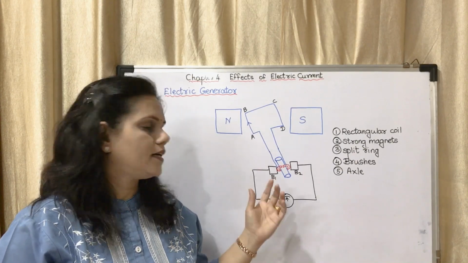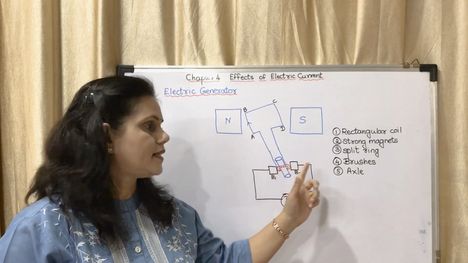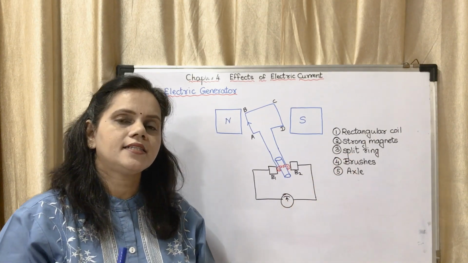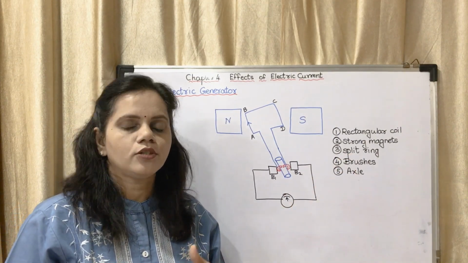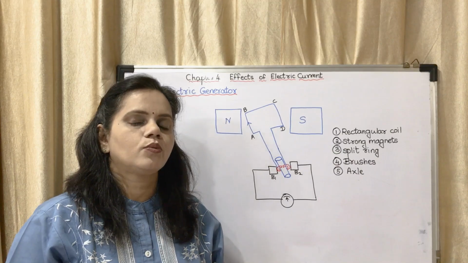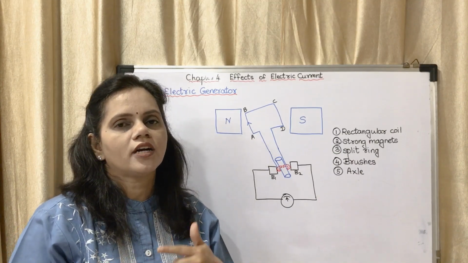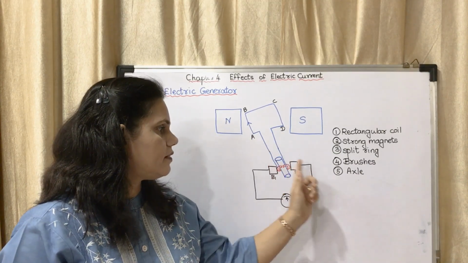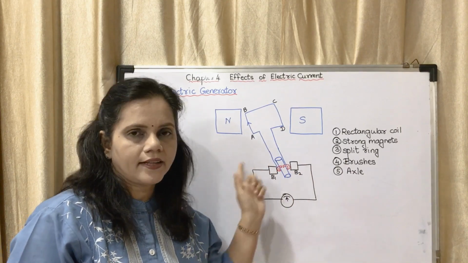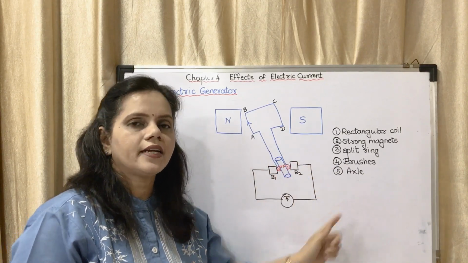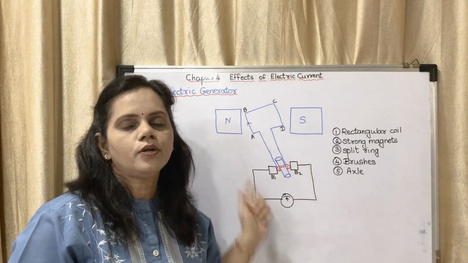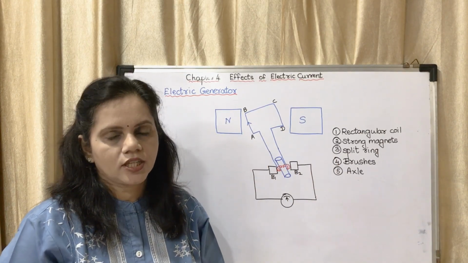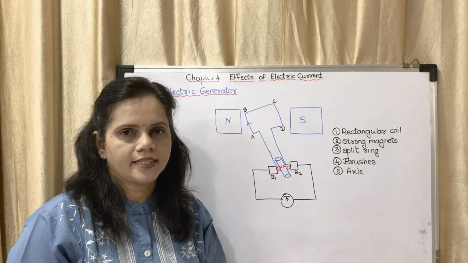But here, as it is a split ring, it is in contact with either B2 or B1, so the current flows continuously from B2 to B1, in one direction. That is called DC current.